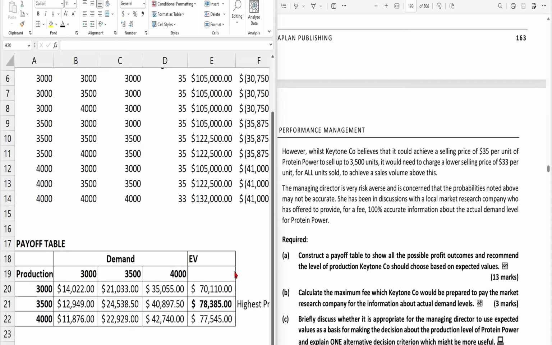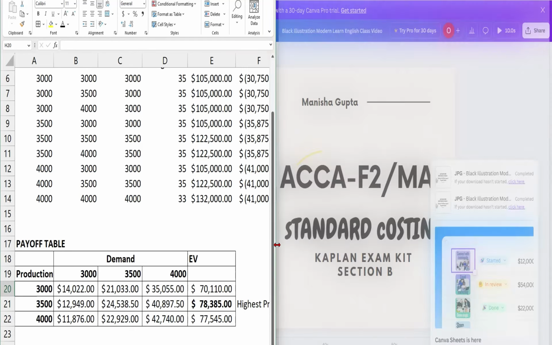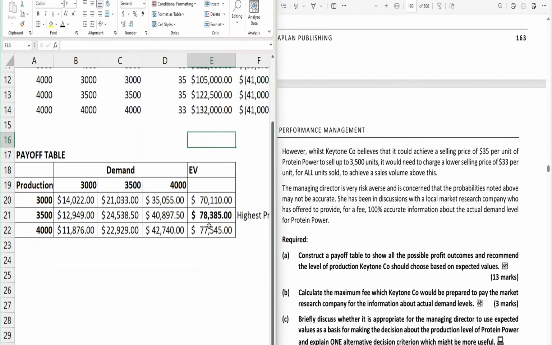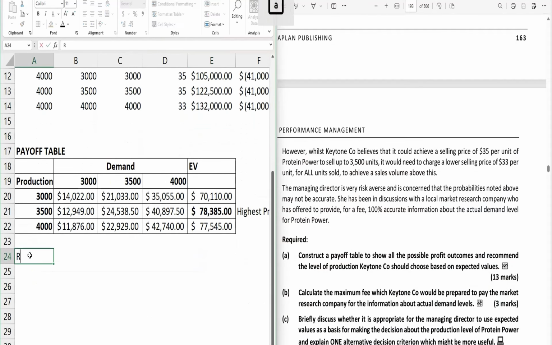So you have to say, according to the expected value, the highest profit is generated by manufacturing 3500 units, so Keytone company should go for the 3500 production plan. You can mention the recommendation like this. So you can just make a note here: recommendation.